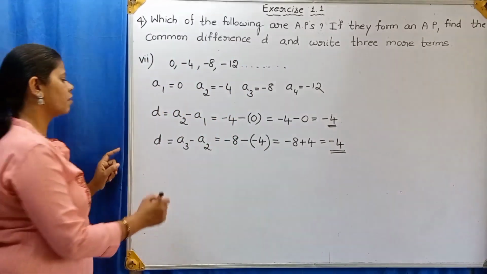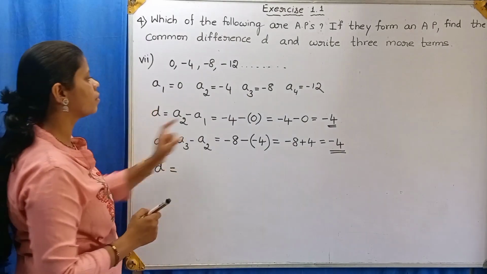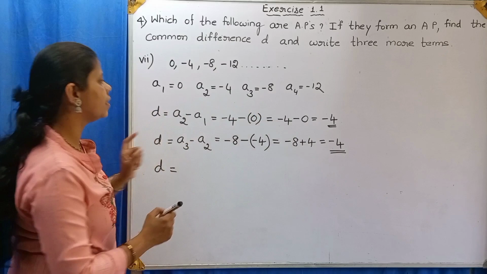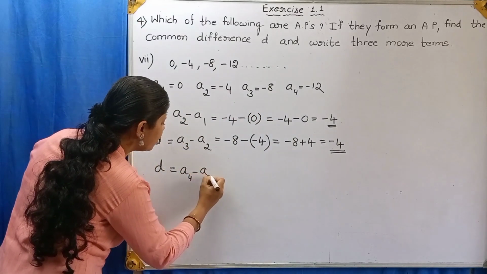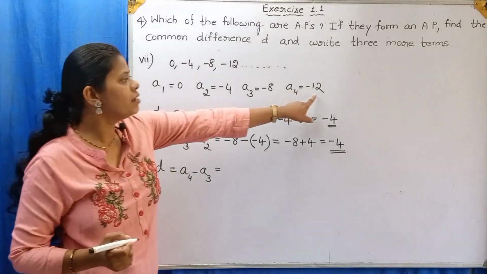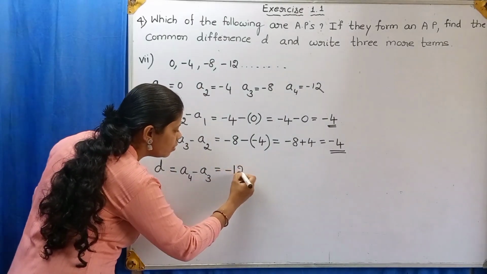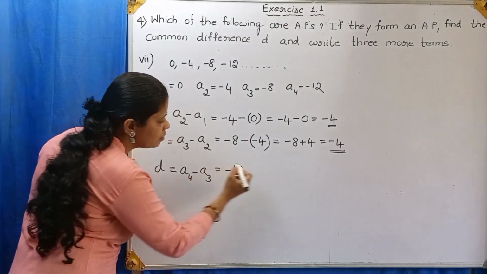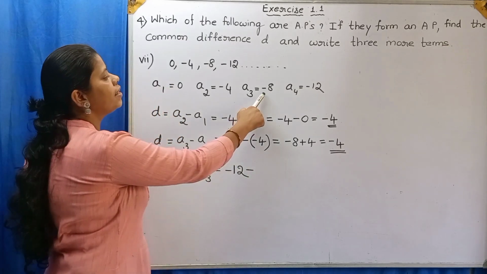Okay. Then D is equal to A4 minus A3. A4 means what here? Minus 12. Okay. For this minus, let me write the minus symbol. A3. A3 is what?